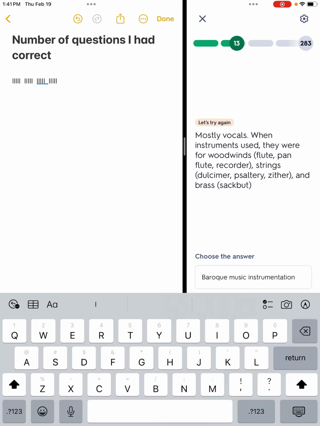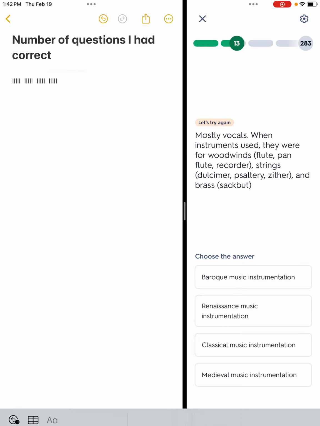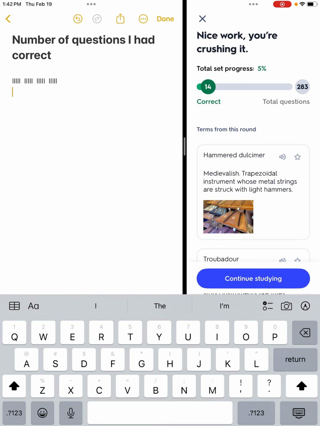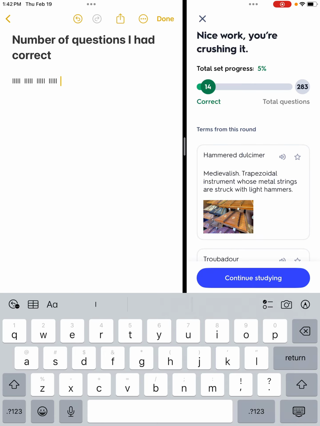Okay, wait. So mostly vocals with instrument use. Oh, it's medieval. Didn't know that one. That's okay. But since I got it the second time, I'm just going to count it.